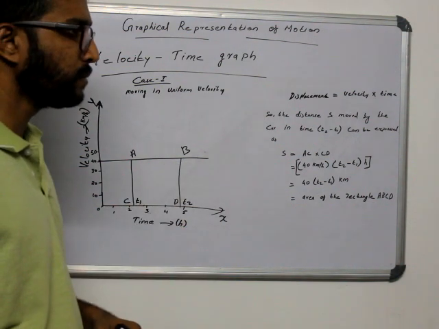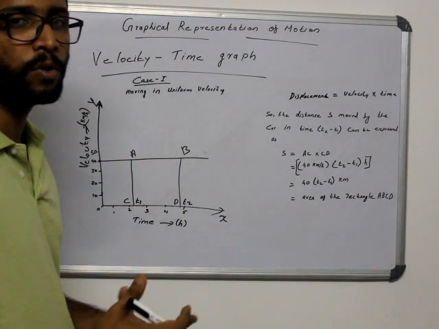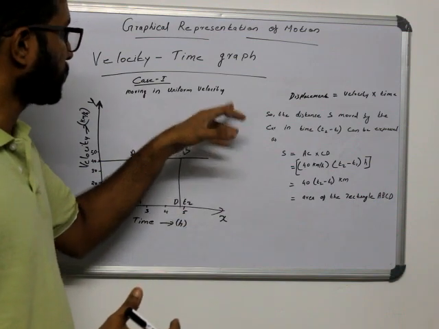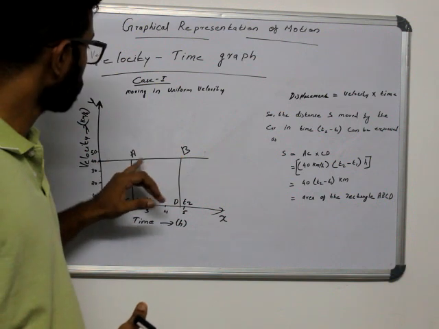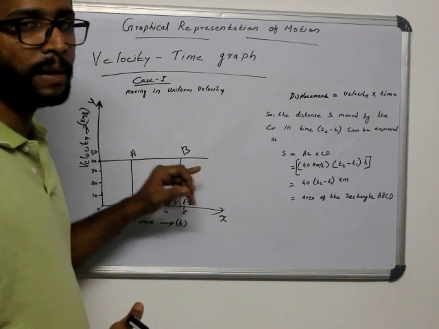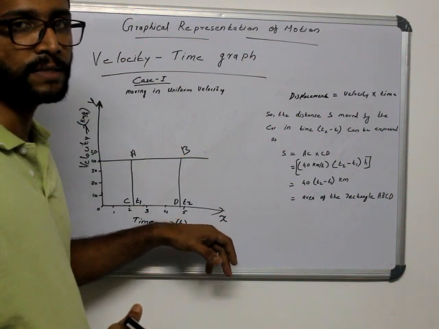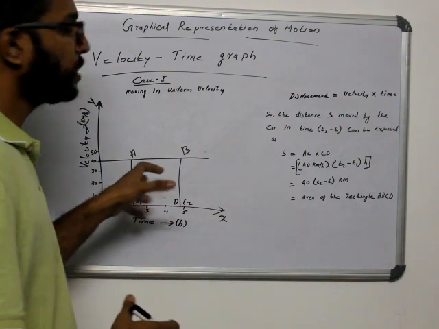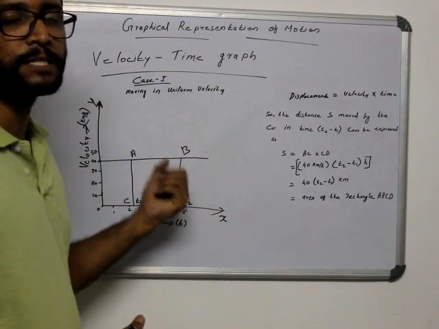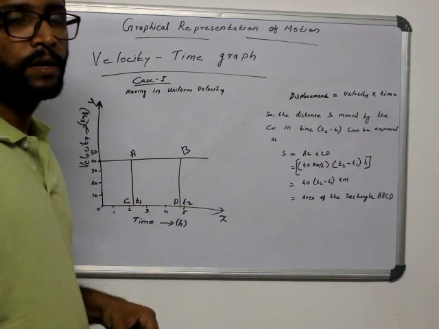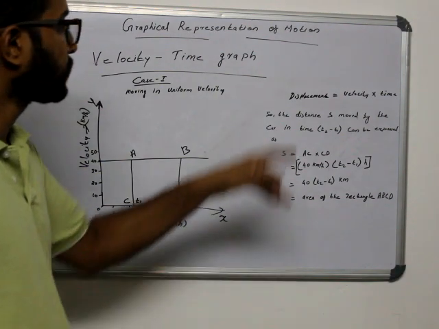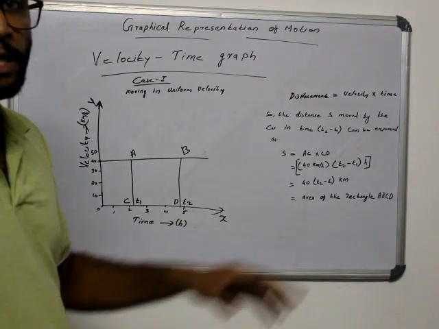Now, another important point that you have to note in velocity time graph is that the area enclosed below the velocity time graph and the x-axis, or the time axis, will give the displacement. For example, here, what is displacement? Displacement is equal to velocity into time.